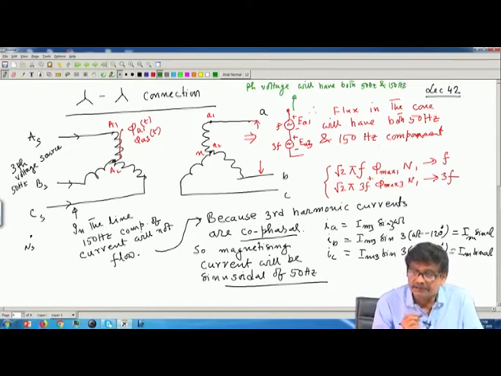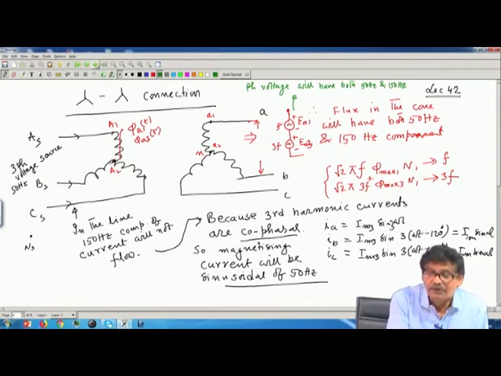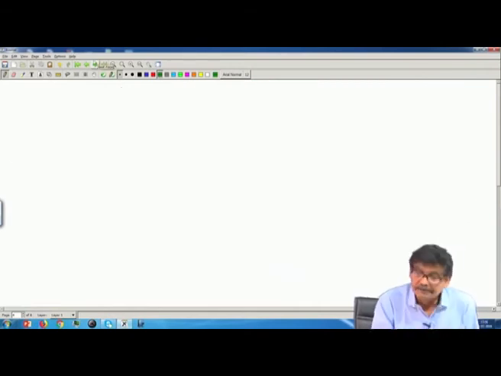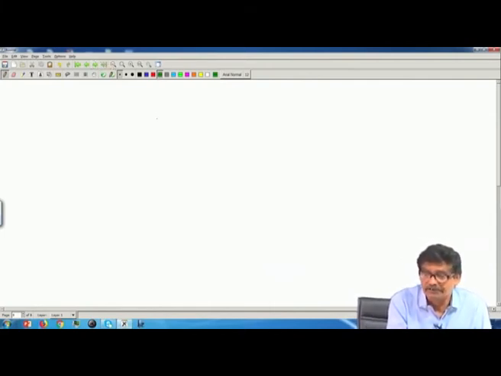Now, what I am asking is what will happen to line voltages? See, once again this is the A phase. Let me go to the next page. So, I am drawing the secondary induced voltages, suppose.